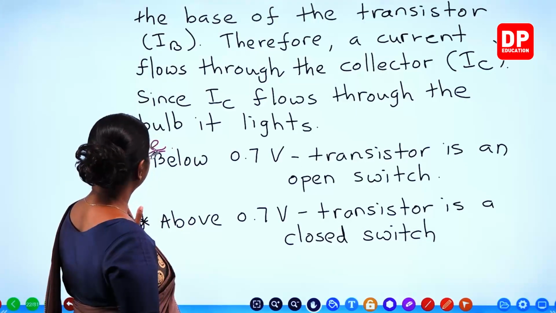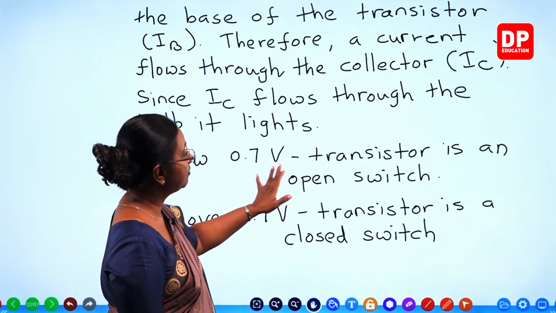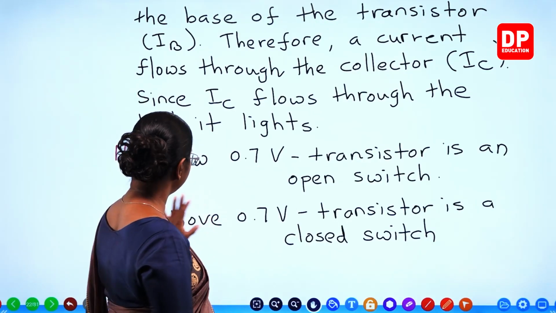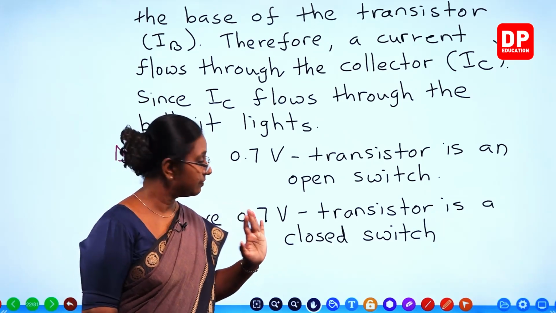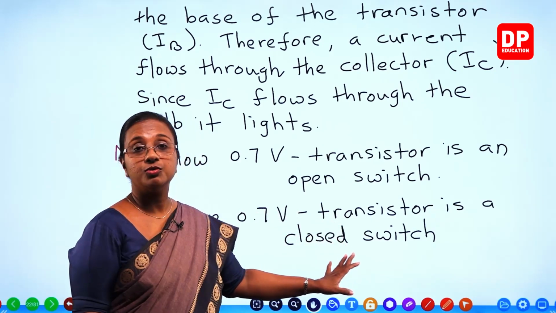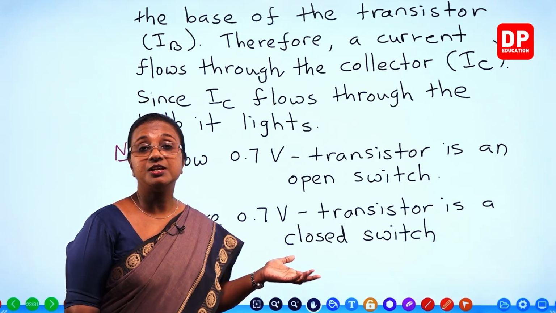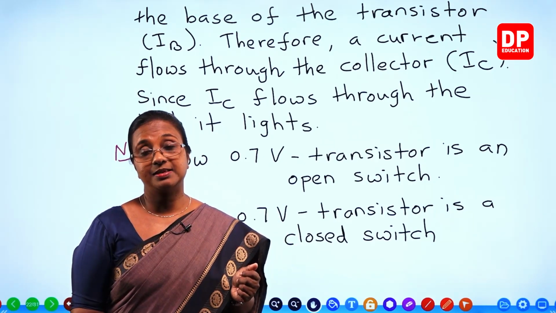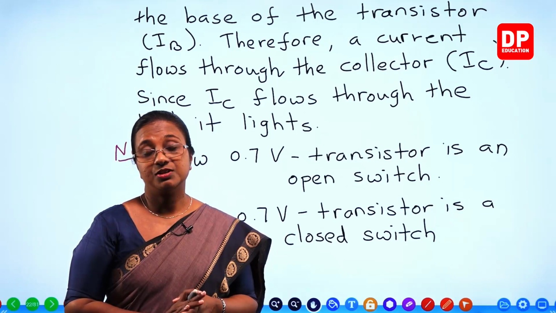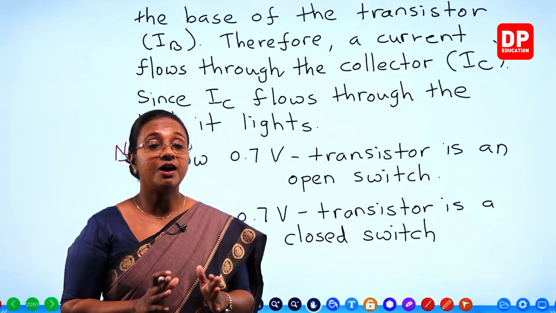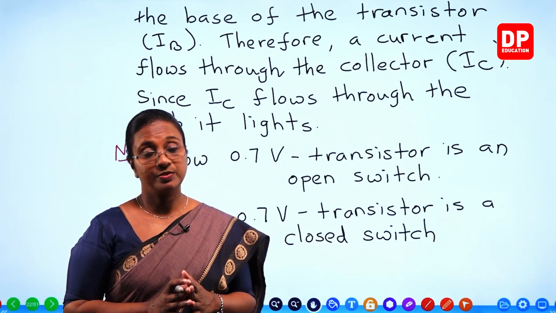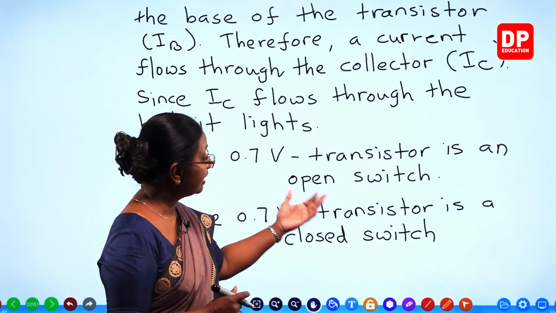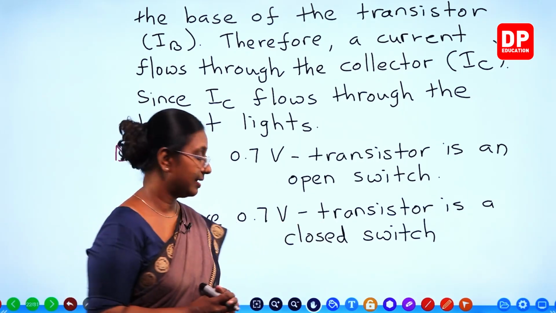So here you have to remember, below 0.7 volts, the transistor is an open switch, and above 0.7 volts, the transistor is a closed switch. And when the potential difference is about 0.8, the brightness will be maximum. Is that clear, students? So that is how the transistor functions as a switch. So with that, we will move on to the next slide.